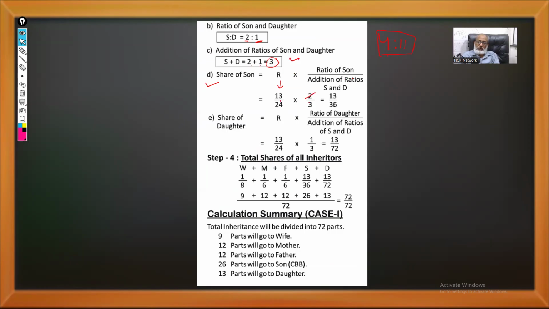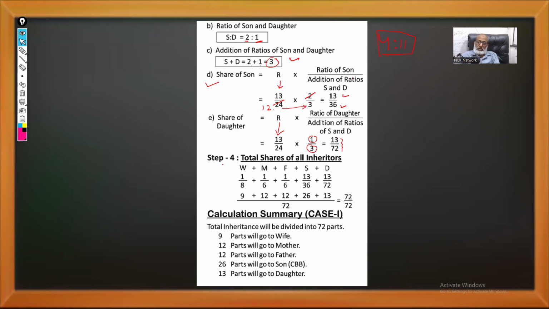So 24 divided by 12 gives 2, and 2 multiplied by 13 over 36 gives 13. The share of the daughter is calculated with the same formula, remaining share and the ratio of the daughter over the addition of ratio, that is 13/72.